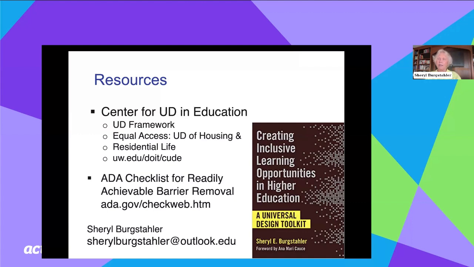These checklists we've created in my organization, the DO-IT Center, have been created with people like you who have reviewed and edited them. If you notice at the end of these publications, they say, if you have more ideas, send them to so-and-so. They're works in progress, but they guide you to think about some of these things. That's the most I have to say about applying universal design in your programs.